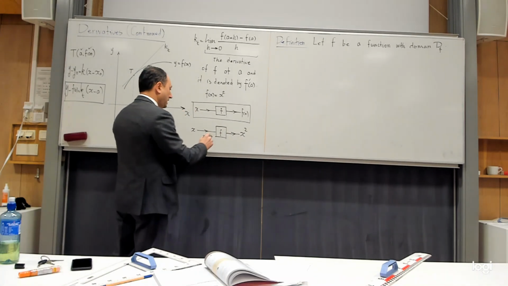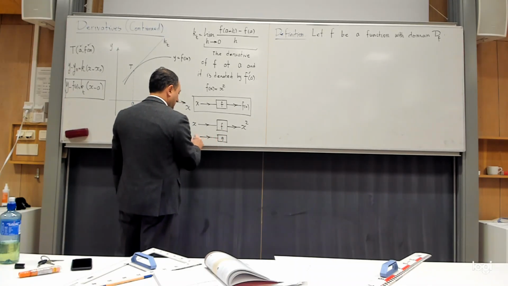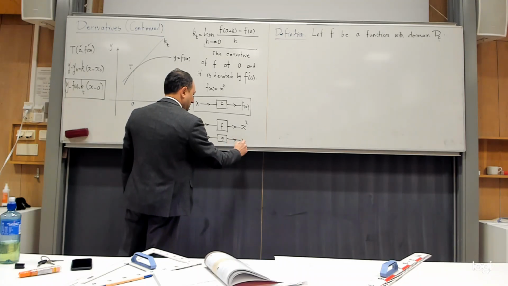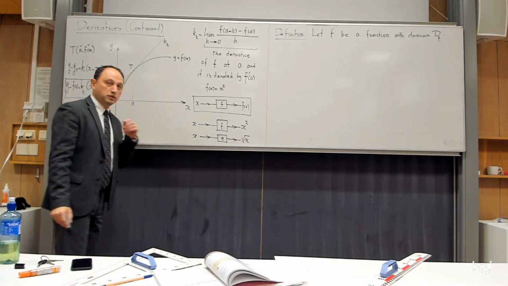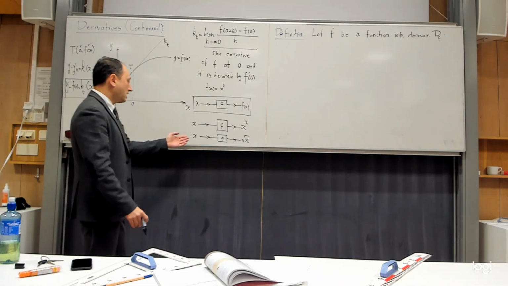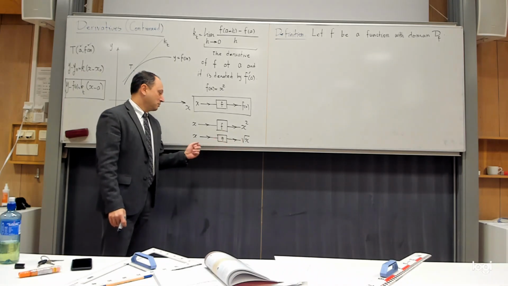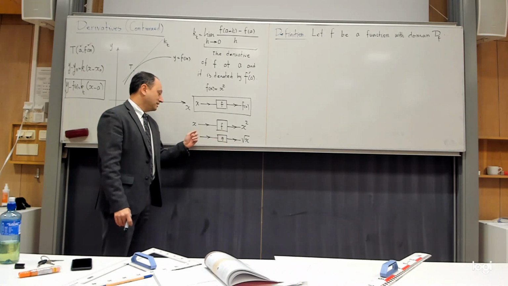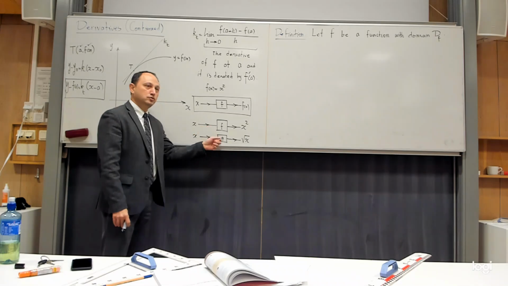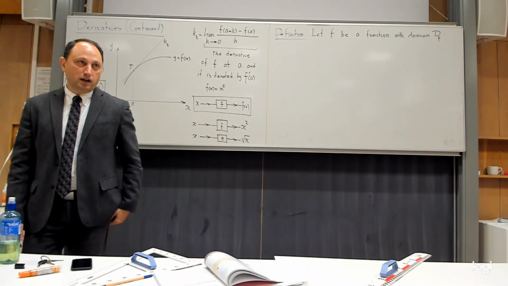But if I have another function like this, for example, the square root of x, then of course I have some limitations. If I send 5 in, it gives me back the square root of 5 instantly. But if I send -2, then I will get an error message. That's exactly like your calculator, yes?